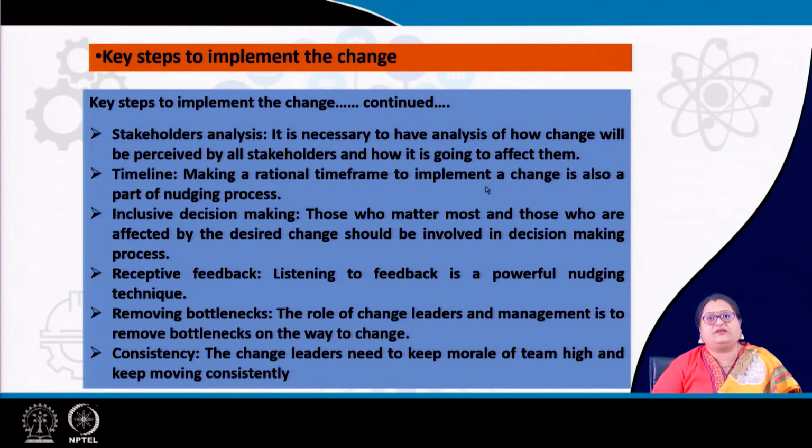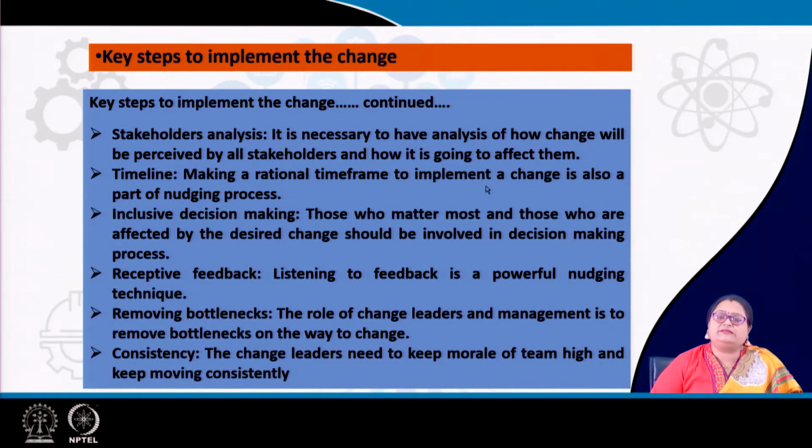Inclusive decision making. Those who matter most and those who are affected by the desired change should be involved in the decision making process. This is a very, very important part. If people are involved from the start itself, then there is no information lack or information asymmetry, and as a result there is no place for gossip to start.